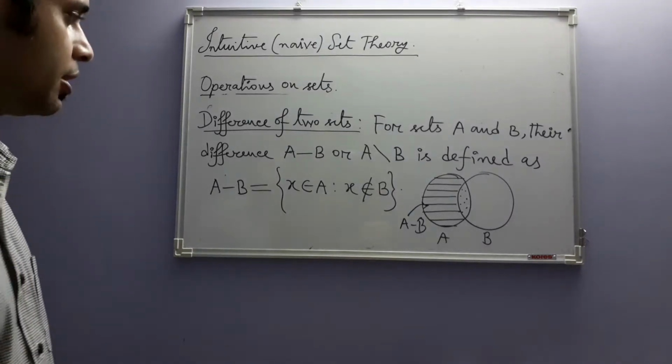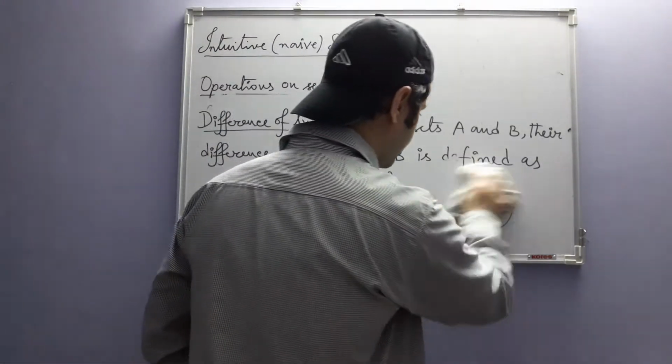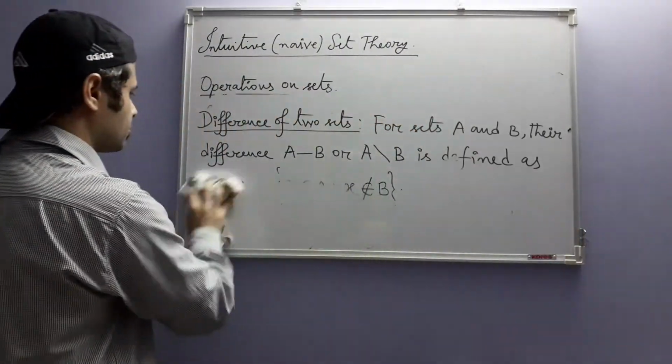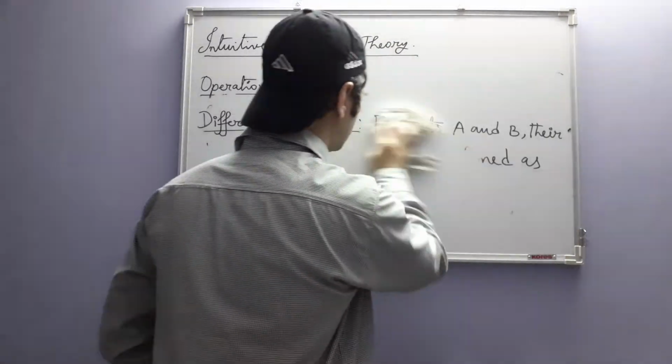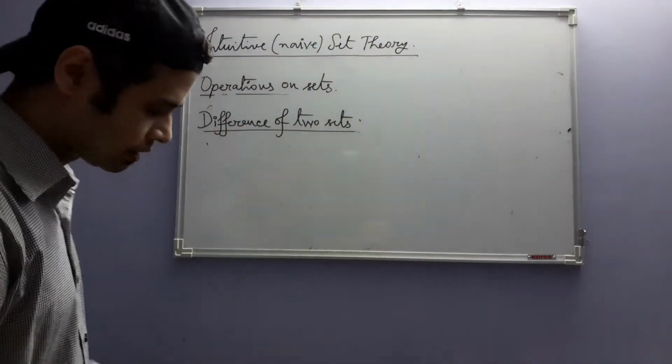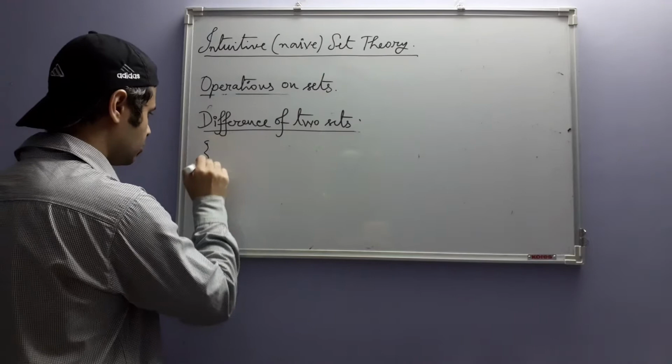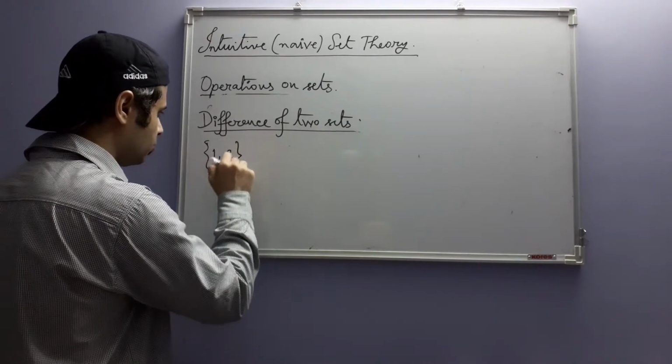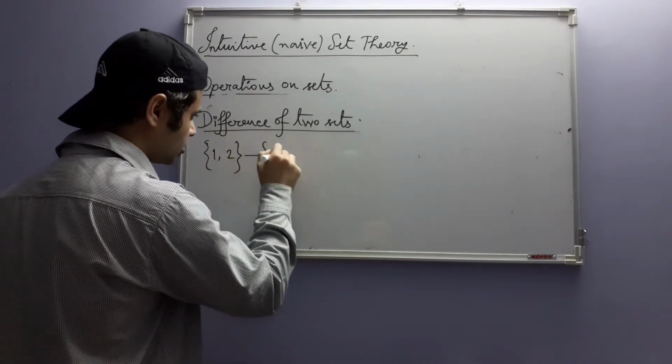So going back to the examples that we took, if we run those same examples in this situation, what do we get? {1, 2} minus {2, 3}.